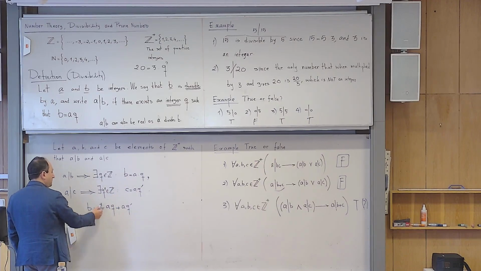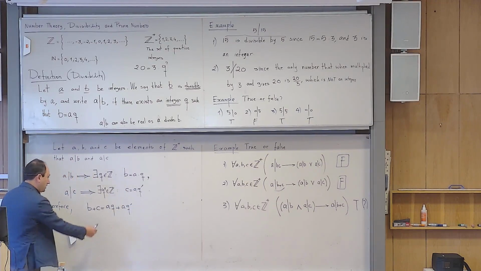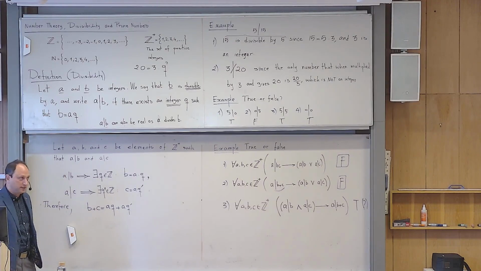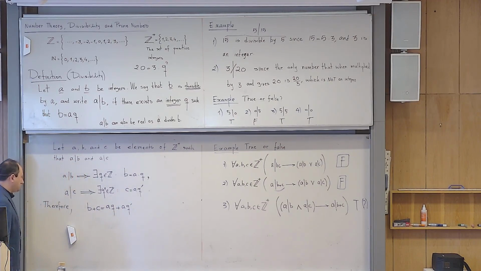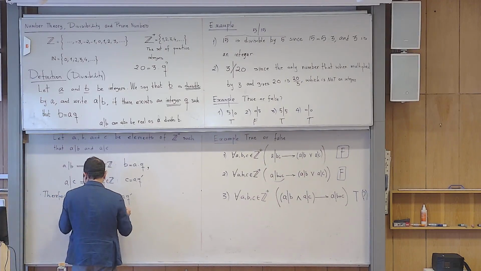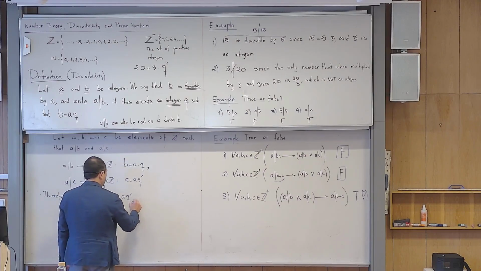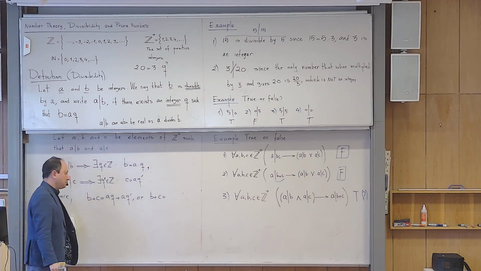If I want to keep the equality valid, whatever I did on the left-hand side, I have to do on the right-hand side as well, otherwise I will not be able to keep the equality, logically. So we have B plus C is equal to... So what can we say now? Therefore, this is the case, or B plus C is equal to... what do you think I will write next?